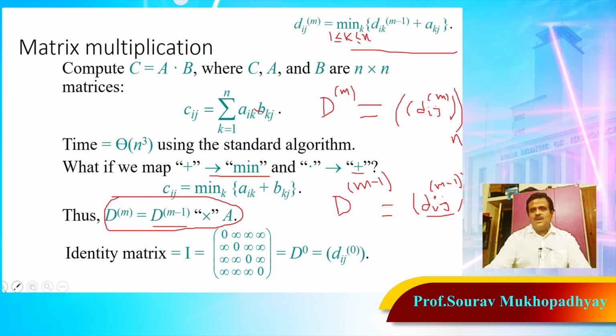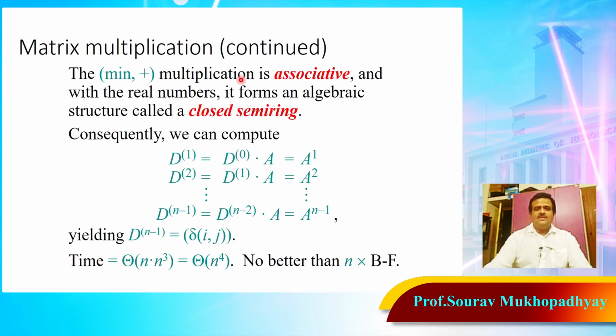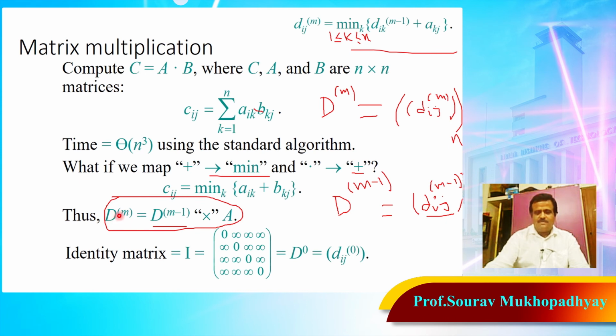If we use the matrix multiplication properties, this must be associative, as with real numbers, and it holds for an algebraic structure, a closed semi-ring. So, we are assuming all this happens with these two operations, minimum and plus, and then we can have this matrix multiplication for D^(m).